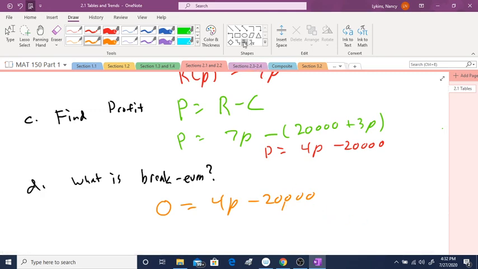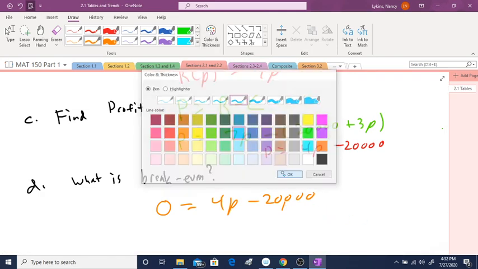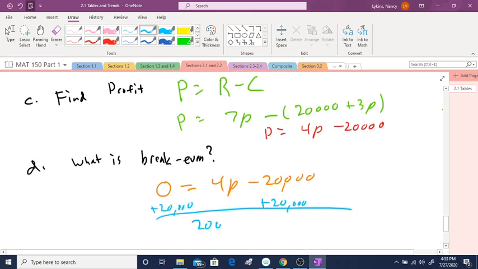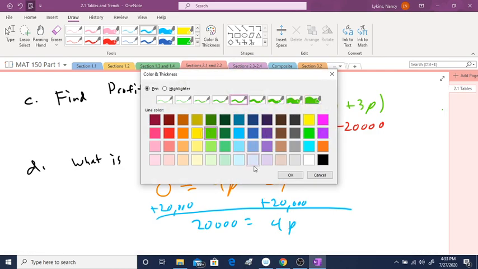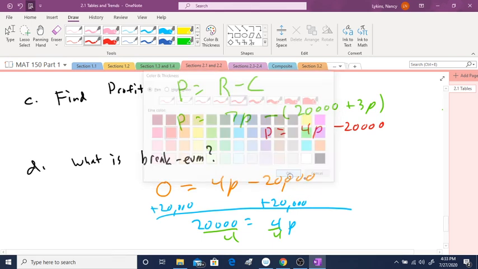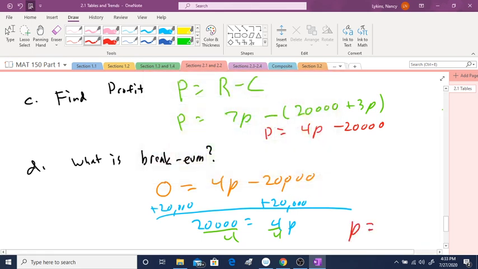Now, to solve this, we're going to add 20,000 to both sides. So I've got 20,000 equals 4P. And finally, I want to divide by that 4. So to break even, I'm going to have to sell 5,000 pizzas.